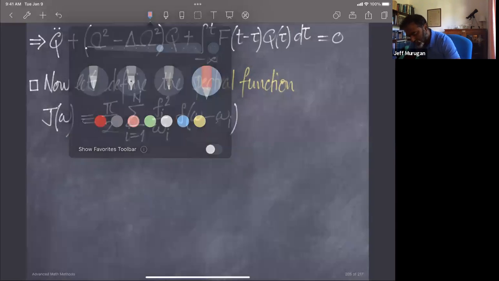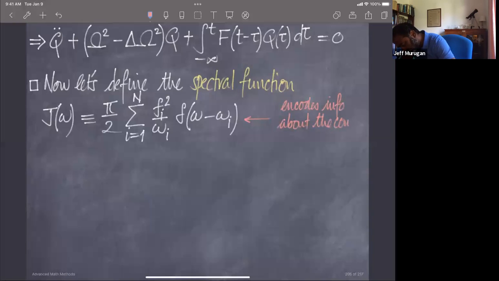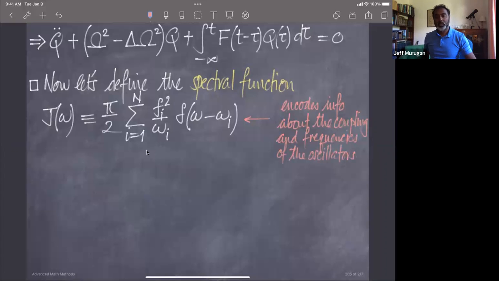So this encodes information about the couplings and frequencies of the oscillator bath.